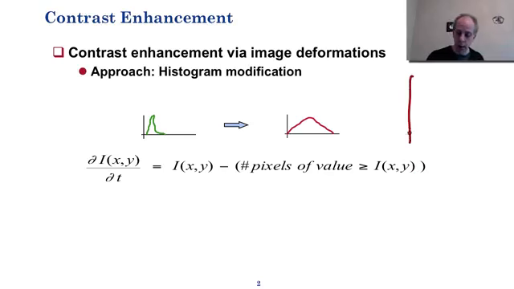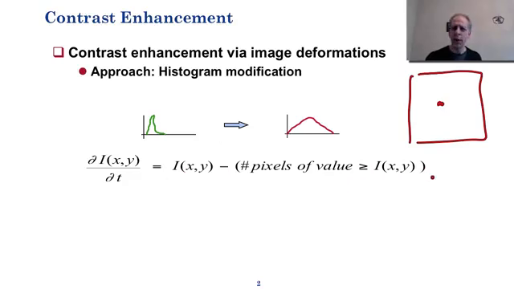So you have an image, you're sitting at a certain pixel and say, how am I going to change this pixel? Very simple. You look at your own value, you look at how many values are above you, and you deform yourself according to the difference between both of them.